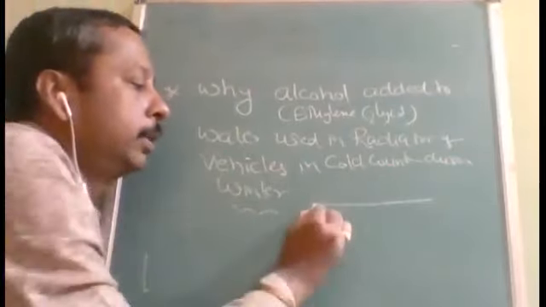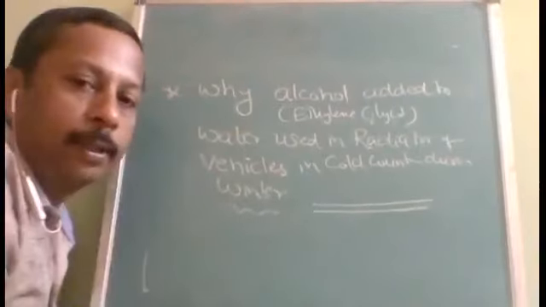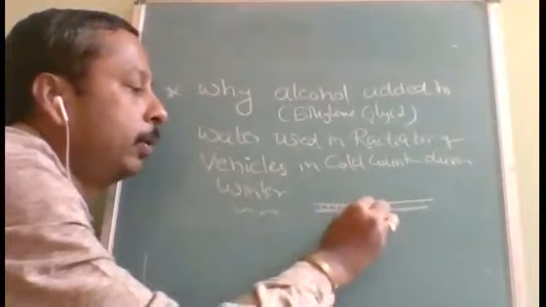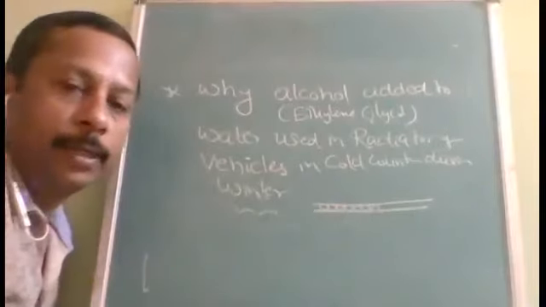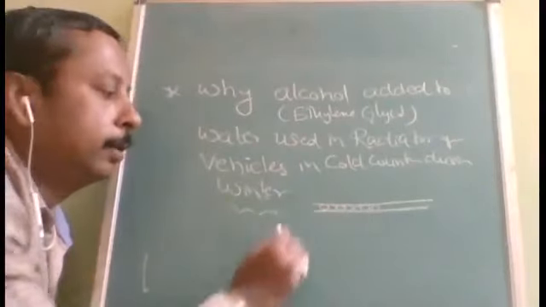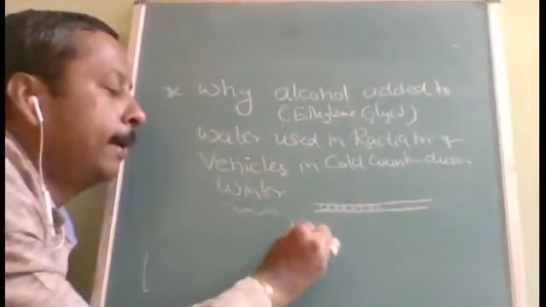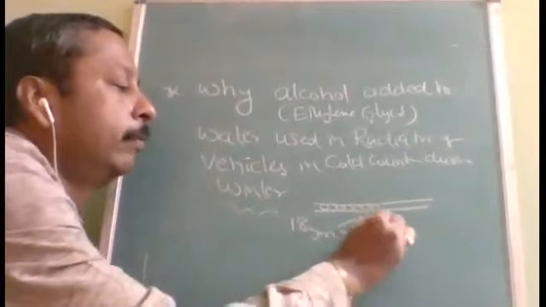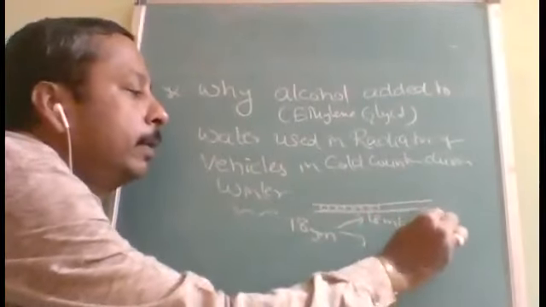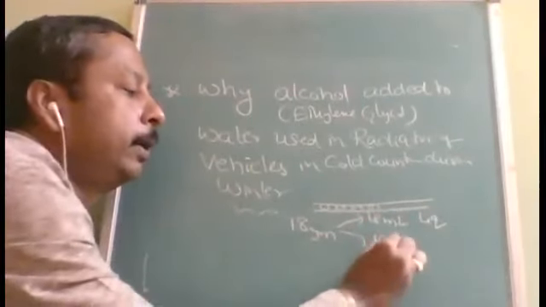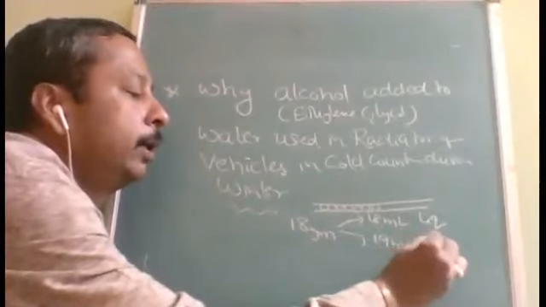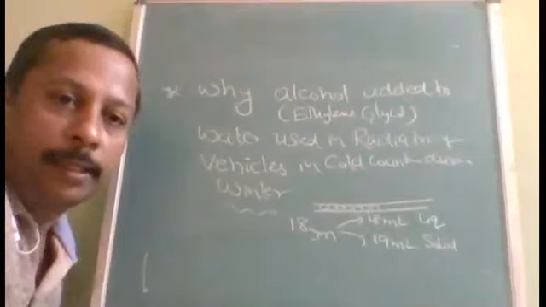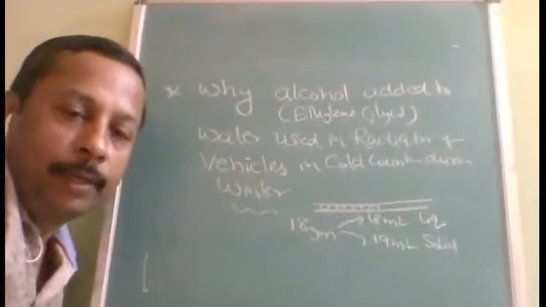Suppose this is a radiator pipe. Now I think everybody is aware that water volume increases when it forms ice. Suppose 18 gram will be 18 ml in liquid state, but 19 ml or more in solid state. So the density of ice is less than the density of liquid water.